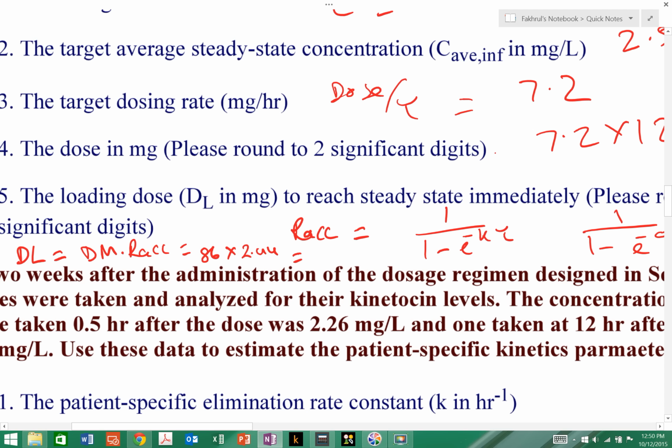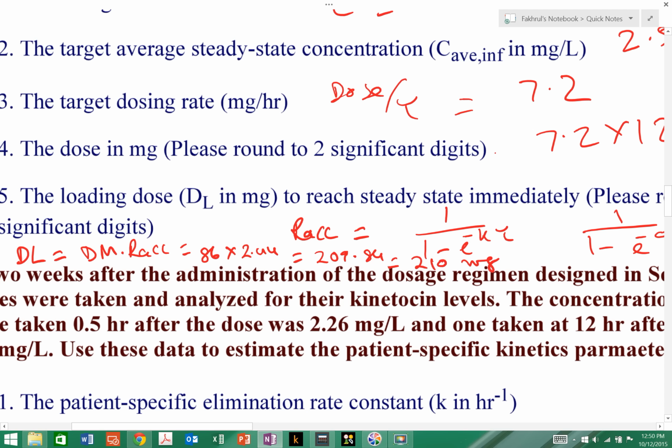So 86 times 2.44 is going to give you 209.84, which you could convert to 210. The loading dose would be 210 milligram.